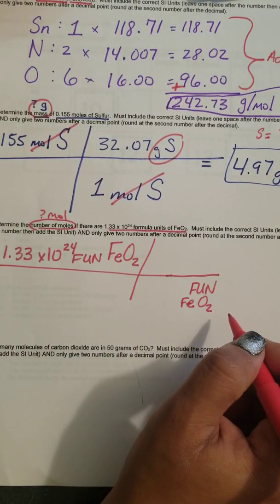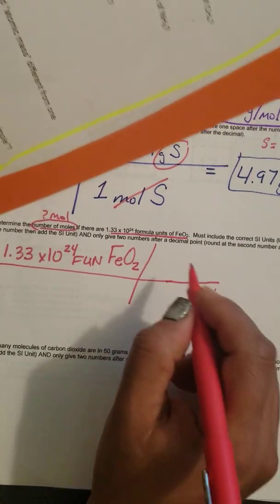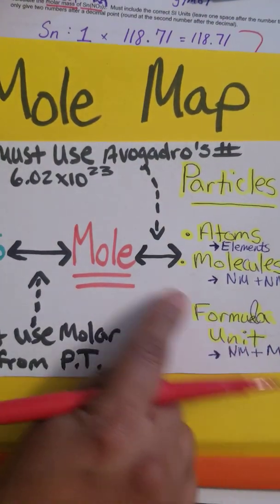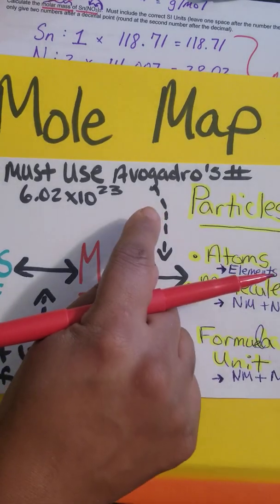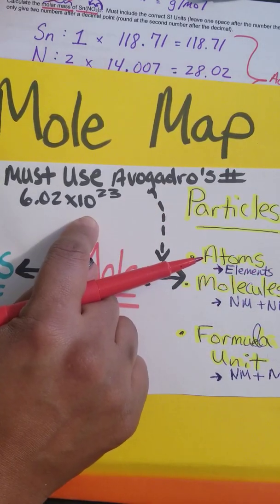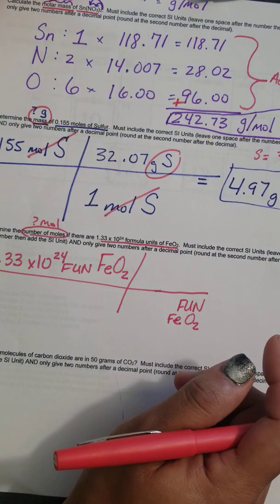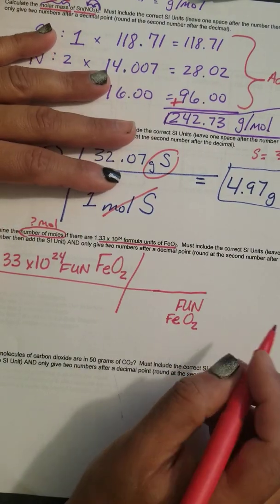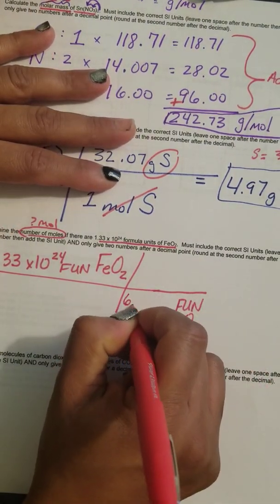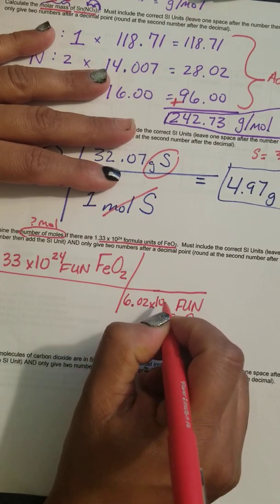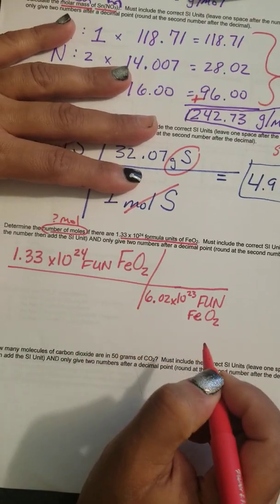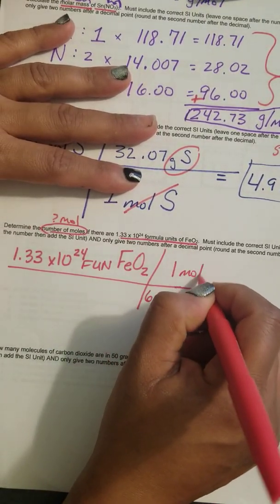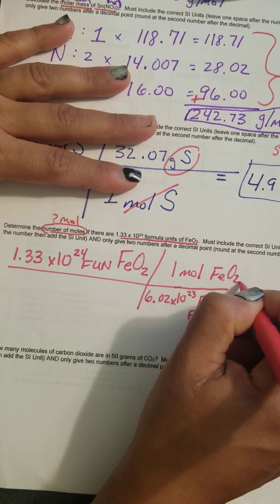Now I'm going to go back to my mole map. I have formula units and I want to go to moles. So I'm going to go one step this direction. And what am I going to use? I must use Avogadro's number. Okay, so let's go ahead and do that one then. So in this case, 6.02 times 10 to the 23rd FUNs is equal to 1 mole of iron oxide.